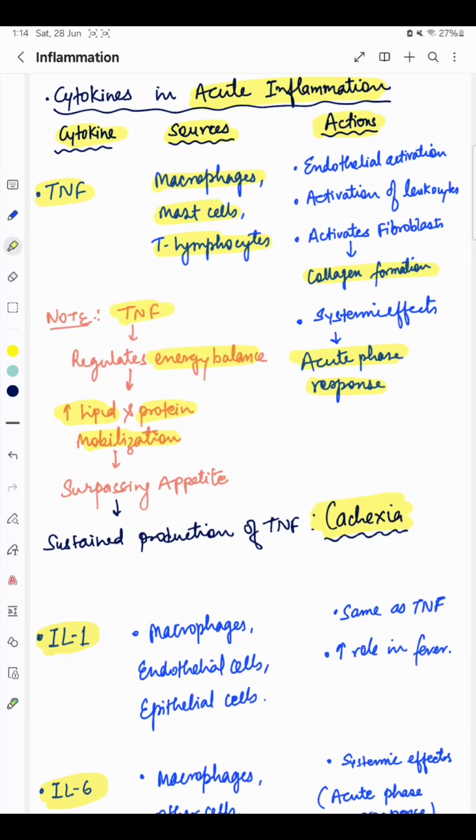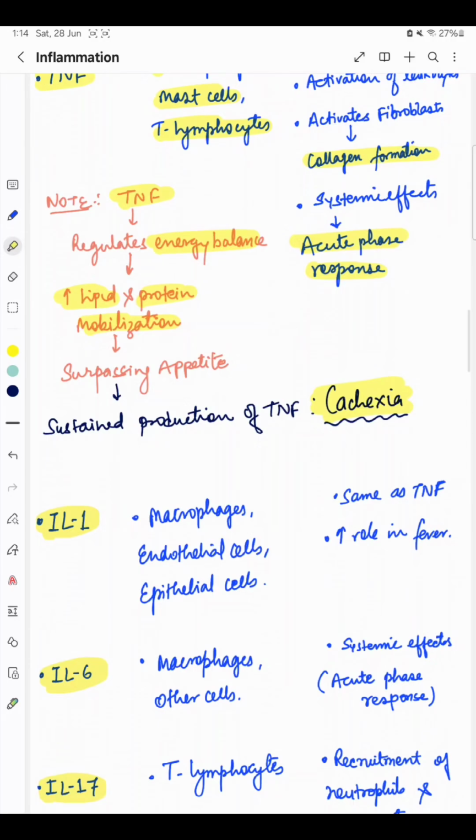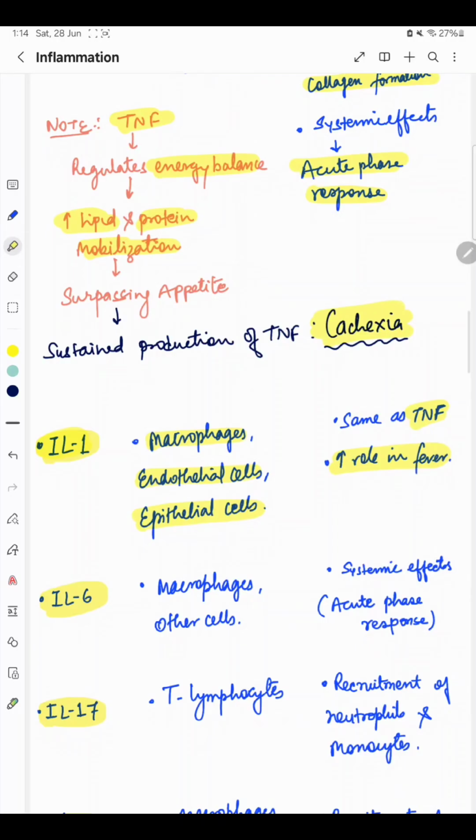Another cytokine is interleukin 1, released by macrophages, endothelial cells and epithelial cells. Most of its action is the same as tumor necrosis factor, but it has a greater role in development of fever.